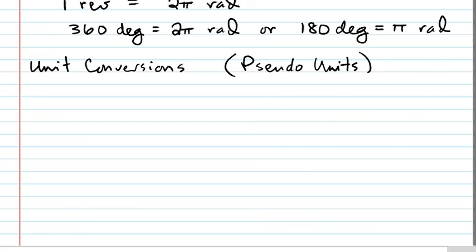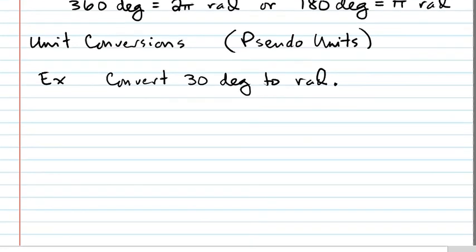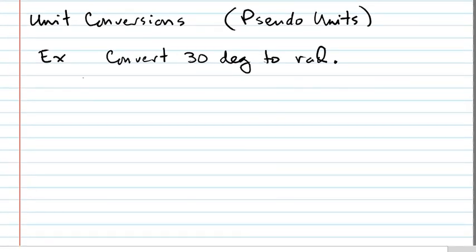So we could do just one quick example. Suppose that we wanted to convert 30 degrees to radians. Well, got to go back and do a conversion here. Let's think fraction. So if it's 30 degrees, we can put that over 1.